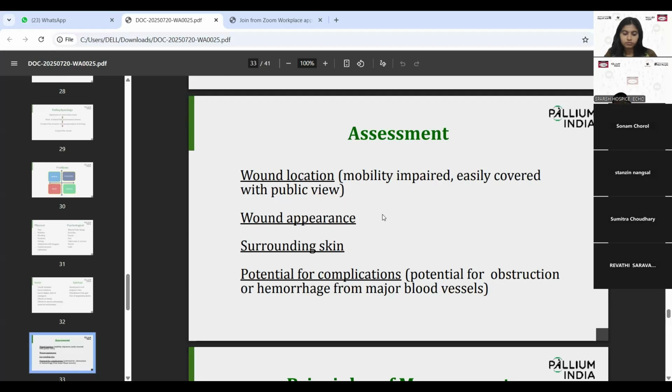Then he is having a malignant fungating ulcer in the jaw area. So think about the person. First thing, what will you do in their home setup or clinical setup when you visit the patient? What will you assess first? What will you do first?